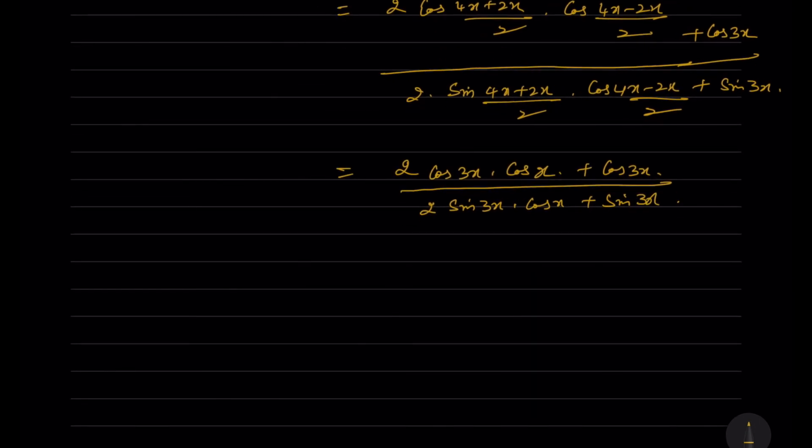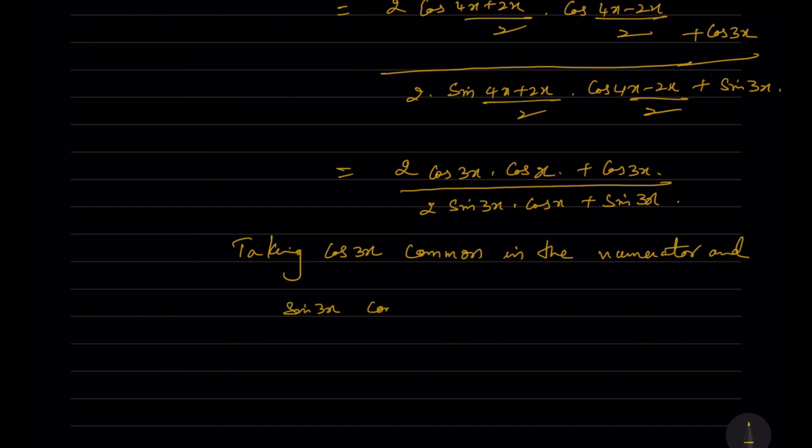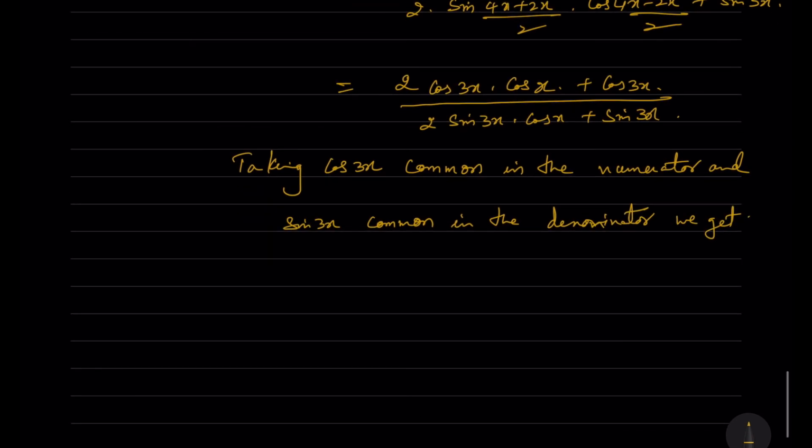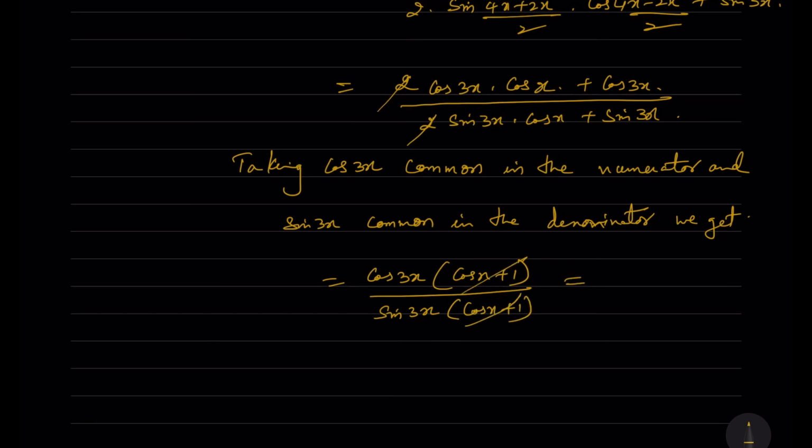So now taking cos 3x common in the numerator and sin 3x common in the denominator, we get cos 3x times (2 cos x plus 1), and in the denominator, if I take sin 3x common, you are going to get (2 cos x plus 1) as well. So the common factor will get cancelled, and cos 3x by sin 3x is nothing but cot 3x, which is equal to RHS.